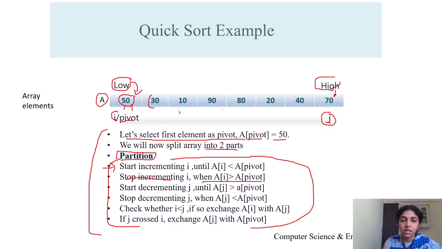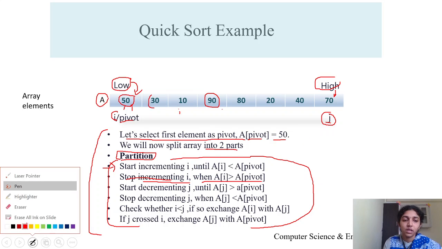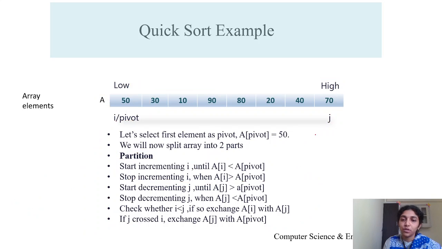That is, as soon as the element pointed to by i, in our case 90, is greater than 50, you have to stop incrementing i. Now we have to come to j. Now start decrementing j.